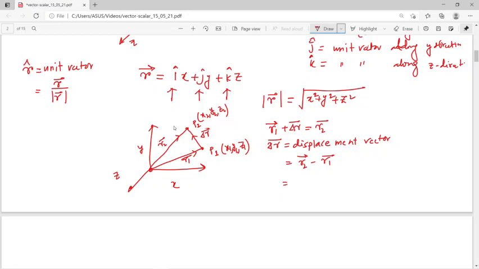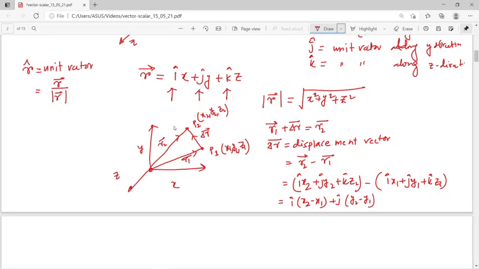So we can write i cap x2 plus j cap y2 plus k cap z2, minus i cap x1 plus j cap y1 plus k cap z1. And if we take i cap common, it is x2 minus x1, plus j cap times y2 minus y1, plus k cap times z2 minus z1.